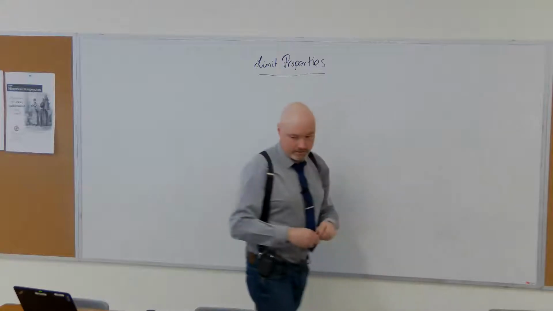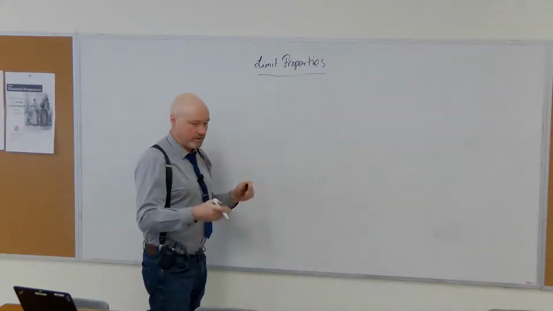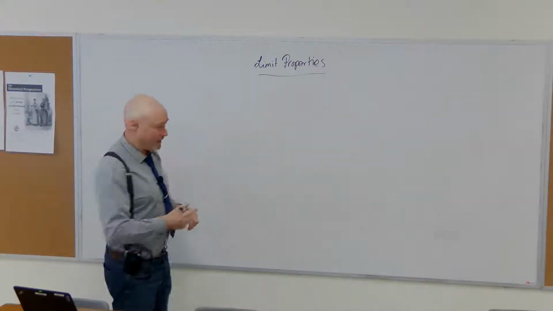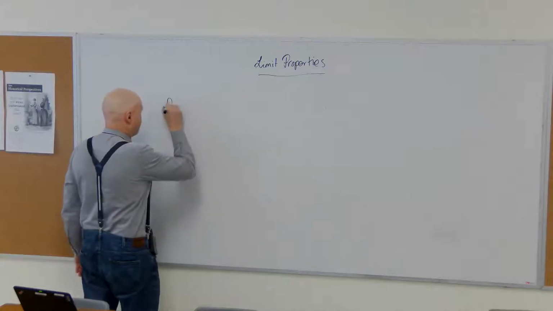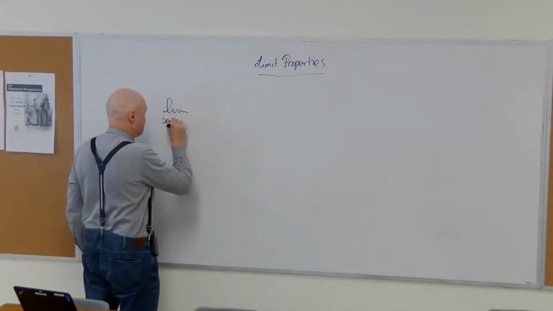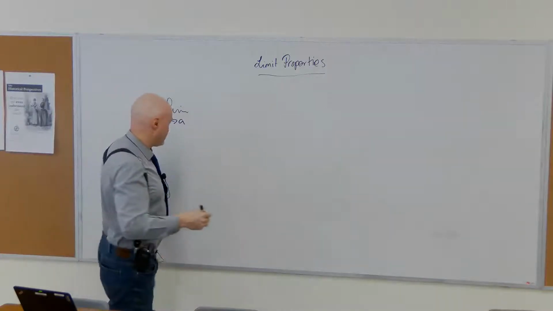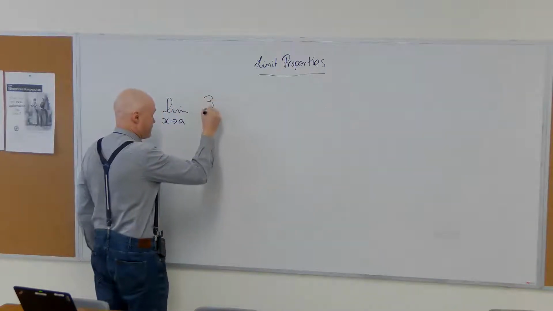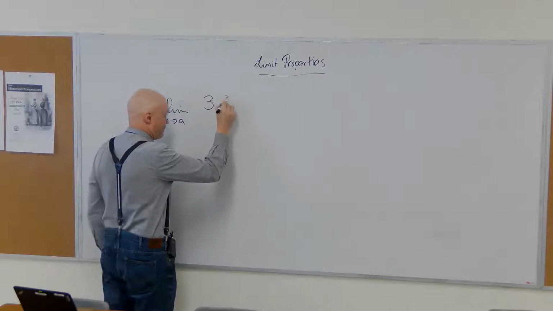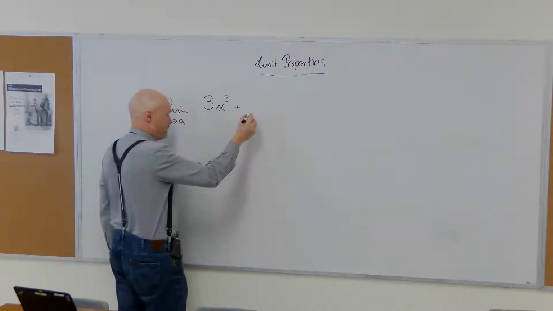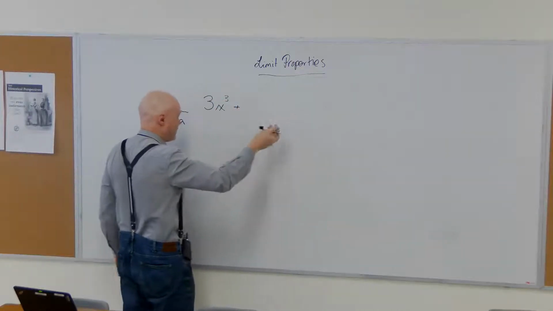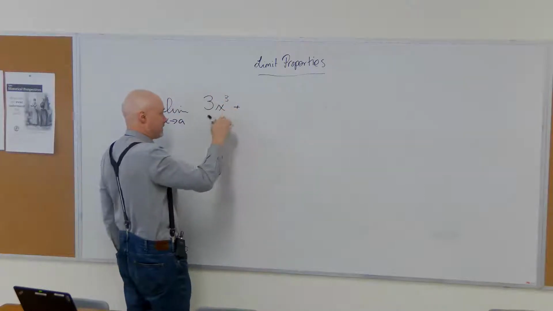So let's make up a big, gnarly function that does as much of that as we possibly can. We'll do this. I want to find the limit as x approaches a. So I'm going to put a constant out here, a power there, and a constant at the end that's not involved in taking a product.